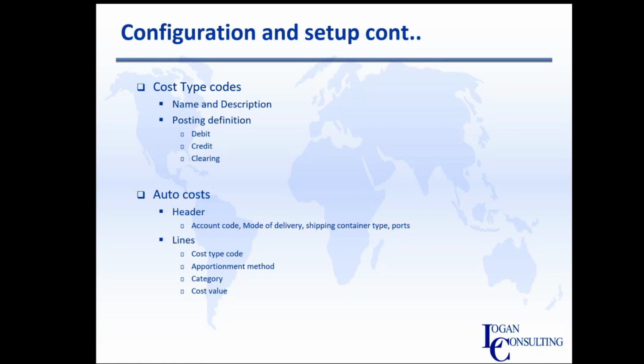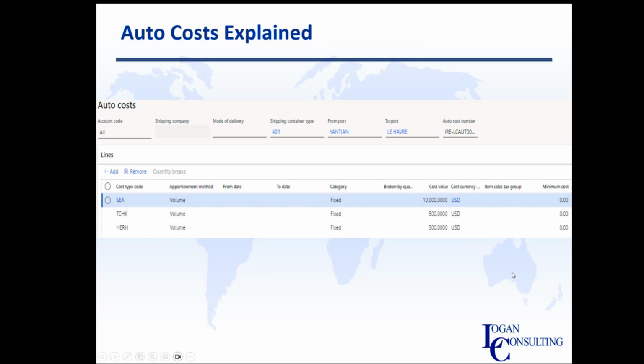Cost definition. For each line, you'll assign a cost type code, an apportionment method, a category, and a cost value.